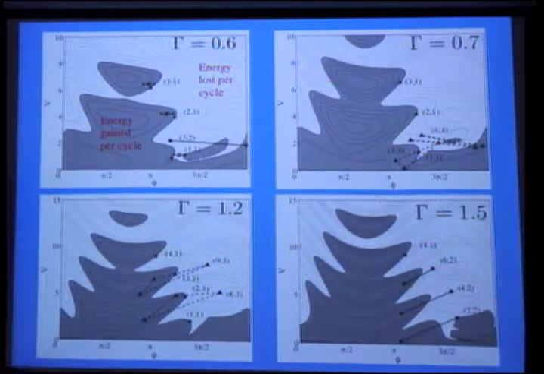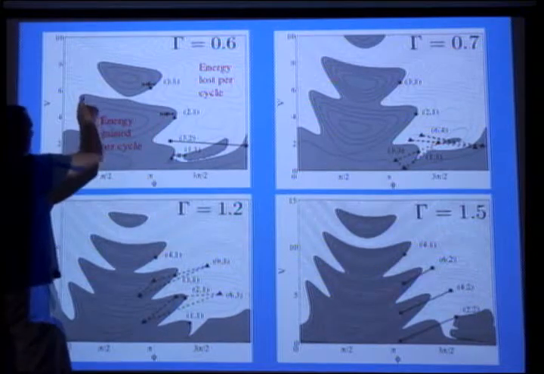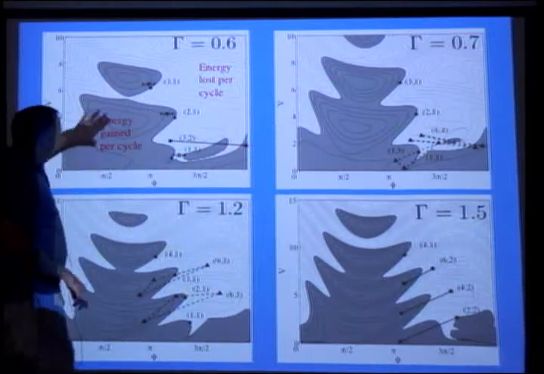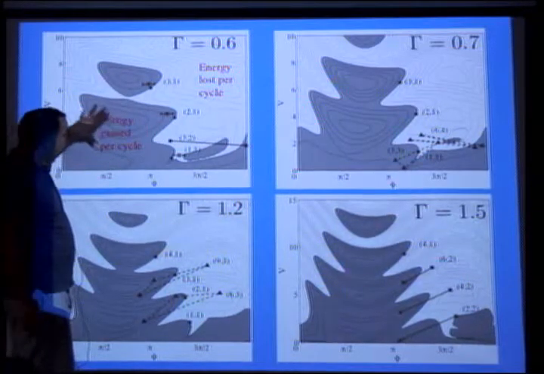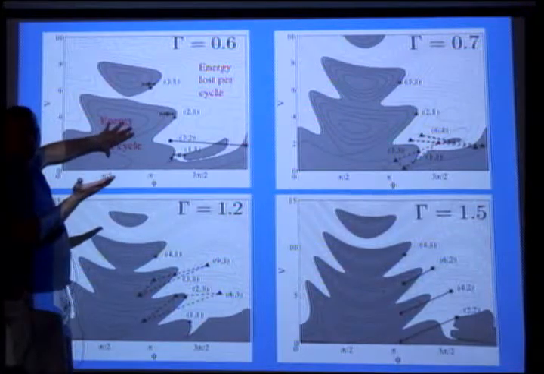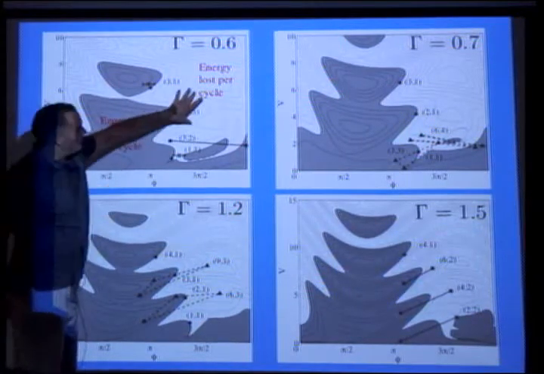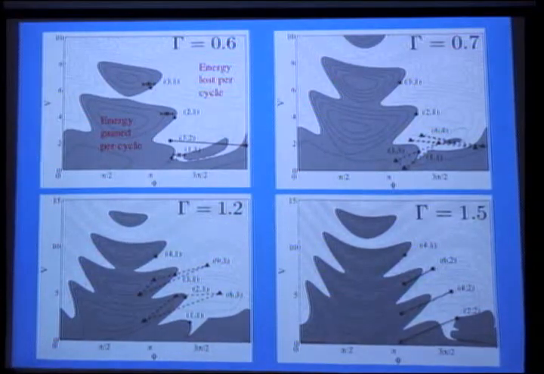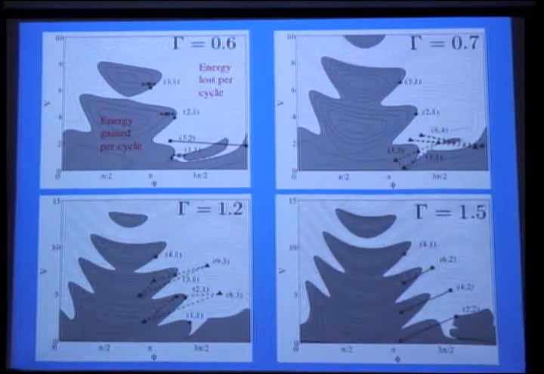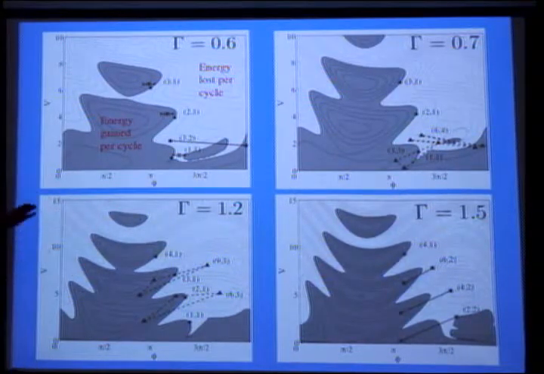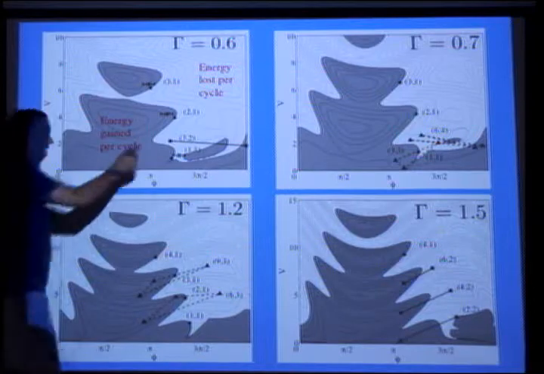And there are zeros. In the shaded region, it's getting extra energy, so it's leaving with more energy than it came in with. If it's landing in the white region, then it's losing energy; it's coming in with more energy than it's going out with. We know that if it's going to be perfectly periodic, it has to land on the zeros.